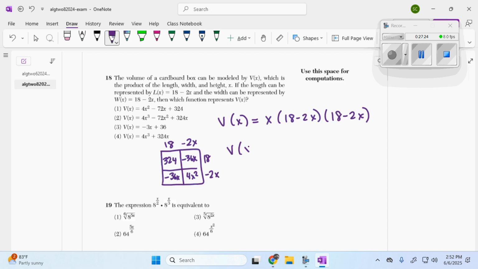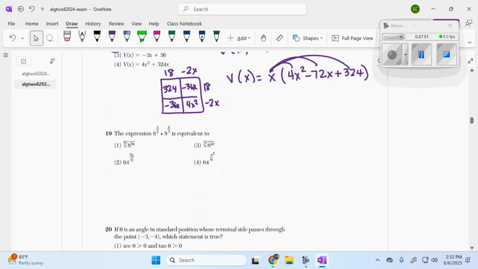So we can say V of x is equal to x times, I'm just going to put it in the right order, 4x squared minus 72x plus 324. From there, I can just distribute the x, basically increasing every x exponent in my equation there, and I can see that my answer should be choice 2.